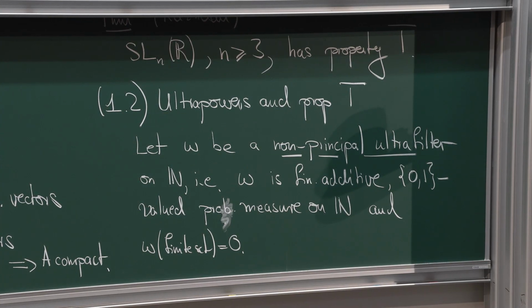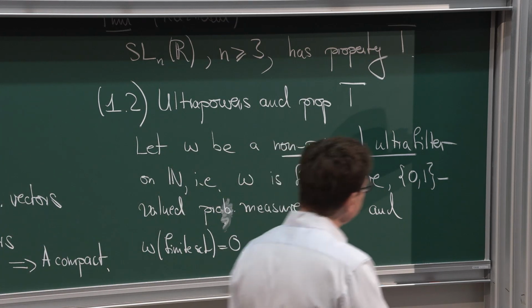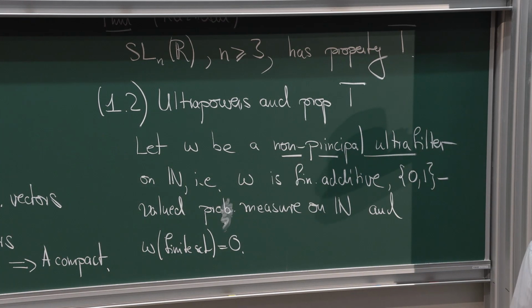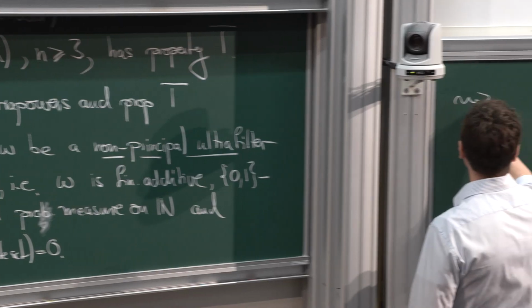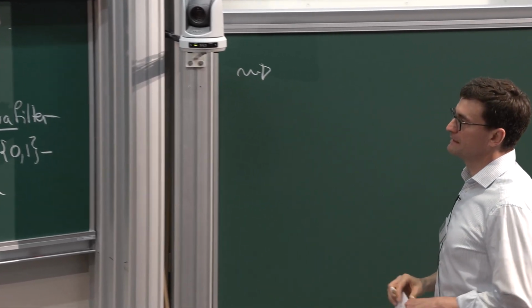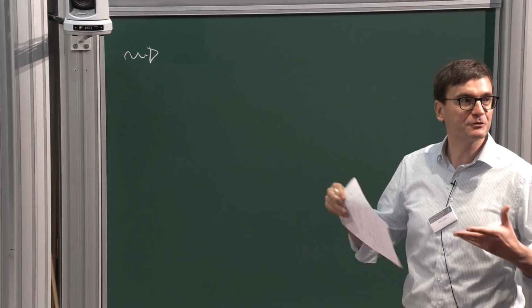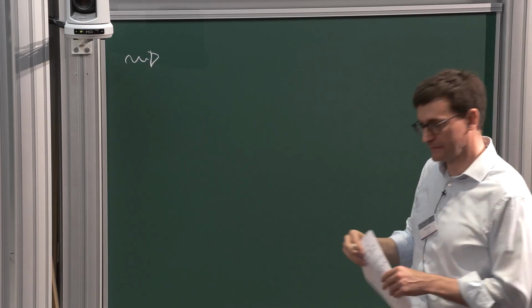So you can look it up. It's a construction using Zorn's lemma, that these things exist. They're not constructive, but they do exist. And the reason you want to have this as a technical tool is that these ultrafilters allow you to take limits of non-convergent bounded sequences.